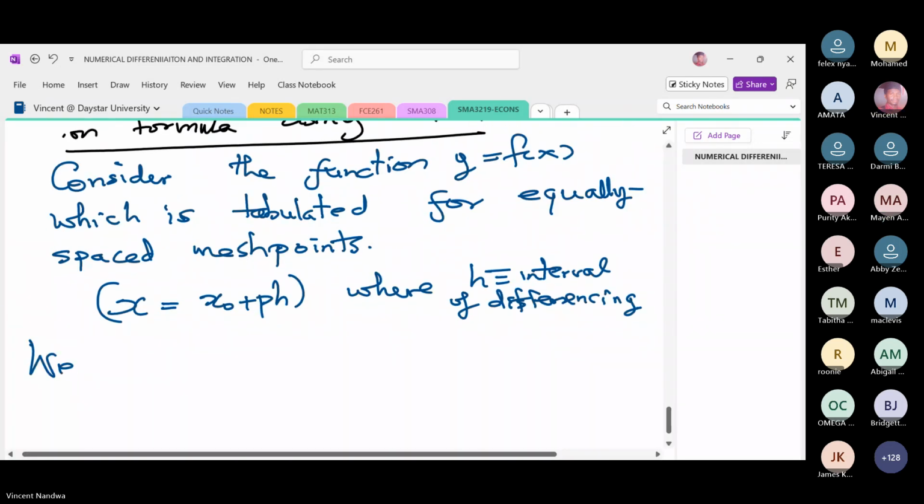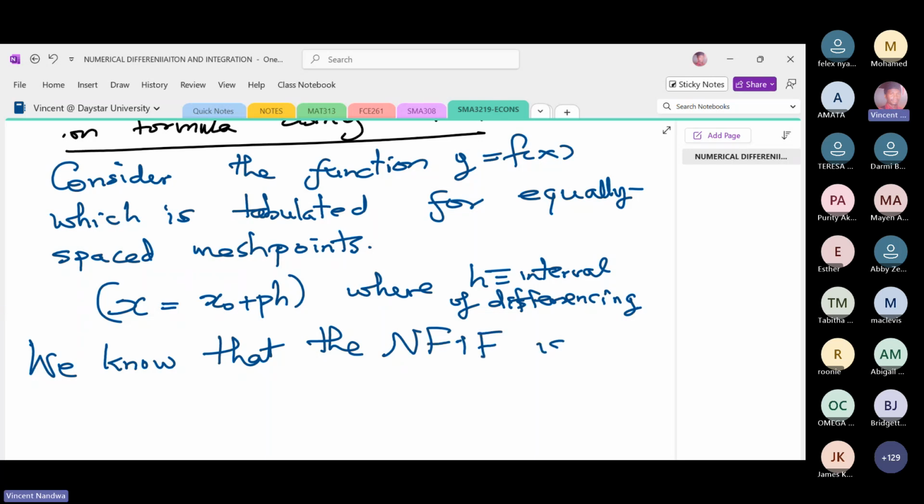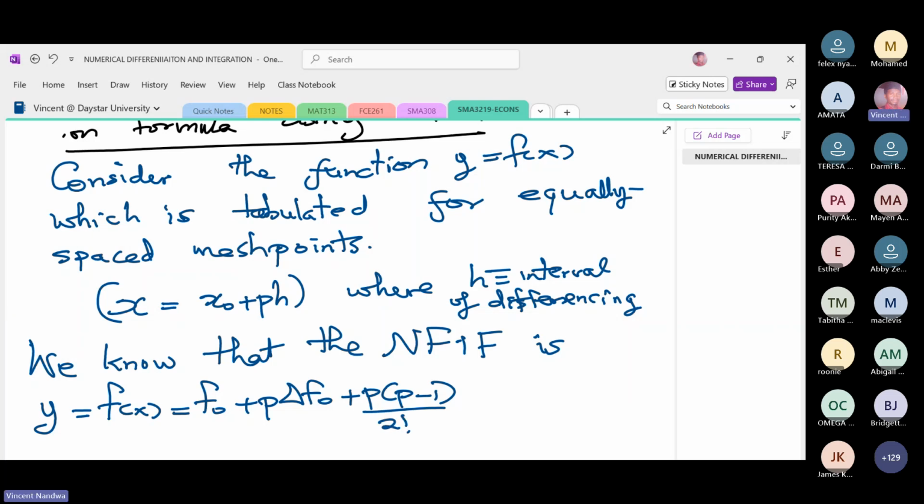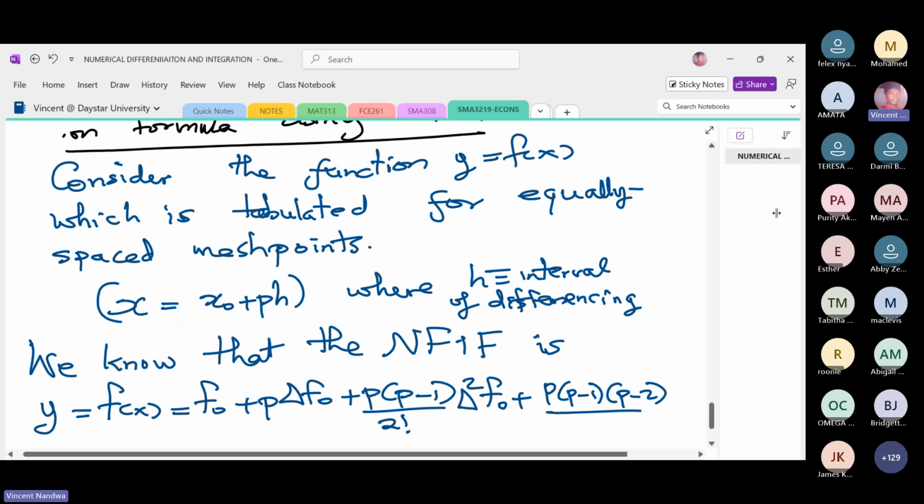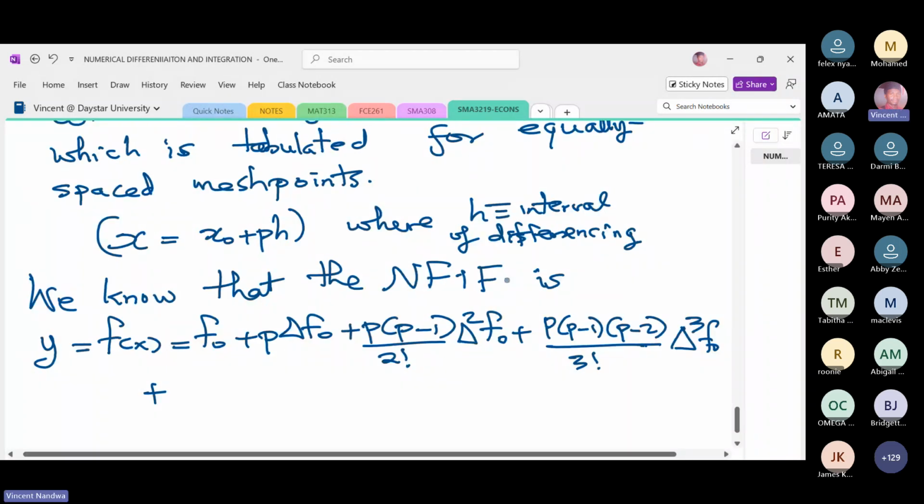So we know that the Newton forward interpolation formula is: y, which is f of x, is given by f naught plus p times forward of f naught plus p(p minus 1) over 2 factorial times second forward of f naught plus p(p minus 1)(p minus 2) divided by 3 factorial times third forward of f naught plus other several terms.